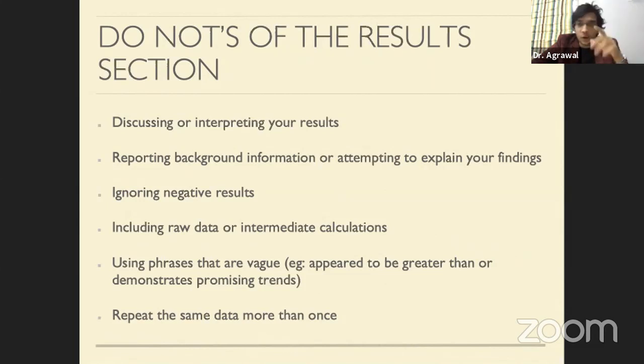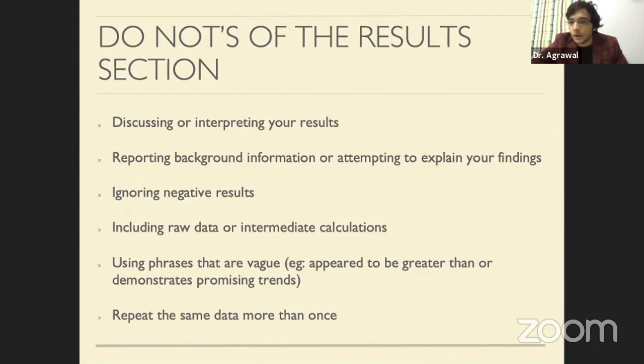You don't ignore your negative results, right? Just because, say, you found that no association was found between salt consumption and hypertension, right? Don't try to avoid writing that in your results section and say, hey, I'll just talk about the important stuff that I have found, I'm just going to avoid this for now.